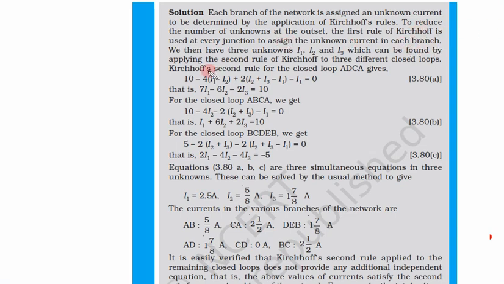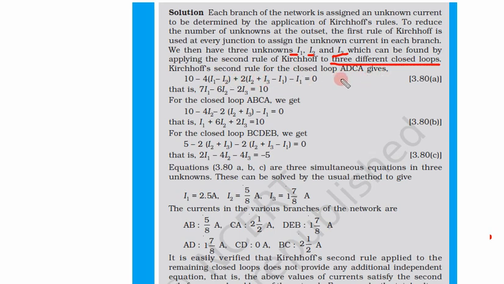So that we have used. We then have three unknowns. So at last we have three unknown currents, I1, I2 and I3, which can be found by applying the second Kirchhoff rule at three different closed loops. So we have three different closed loops and we will determine the currents I1, I2 and I3 using these loops and applying Kirchhoff's second rule.